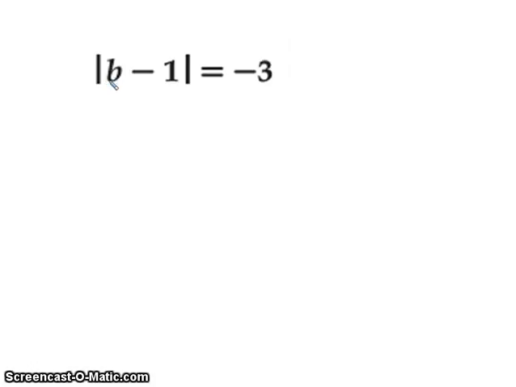If I put in a negative 2 here, I get a negative 3, but the absolute value is always going to be positive. So for this particular problem, there is no solution. Anytime you have an absolute value expression that's equal to a negative number, that won't work.